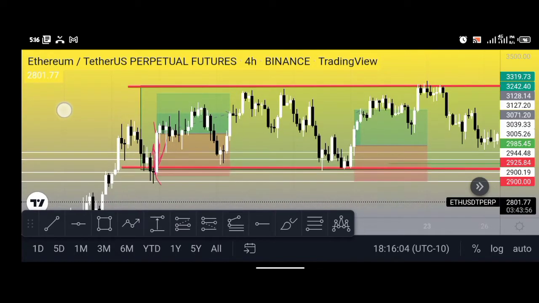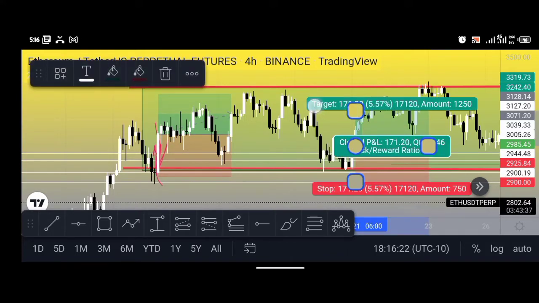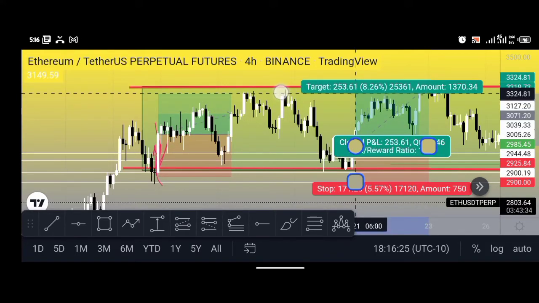So far you have identified your resistance, and you know that the market is going to touch the resistance. You can increase your take profit, but I don't advise that, because you don't know what is going to happen in the future.